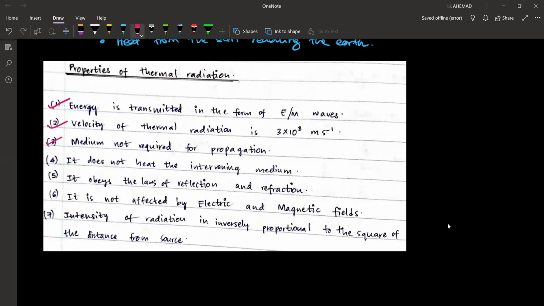Now, let's say when radiation is going through a certain medium, it does not heat up. It won't heat this medium. There is no heat due to this wave going through it.